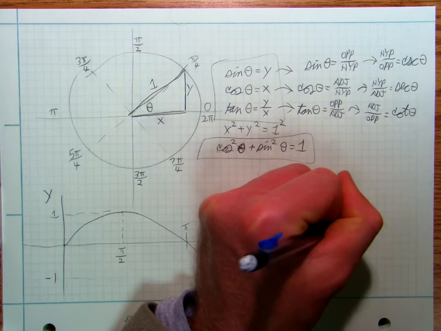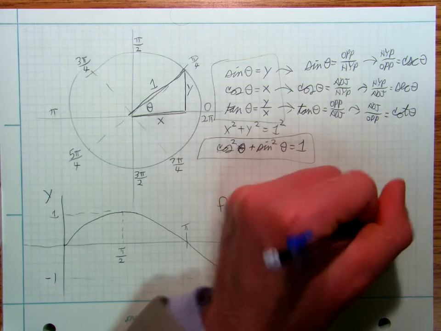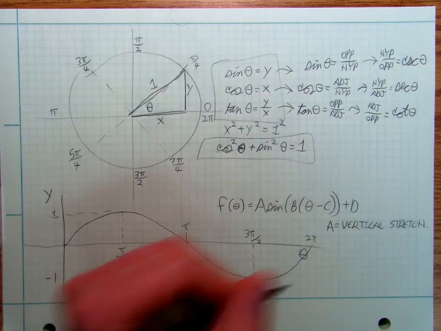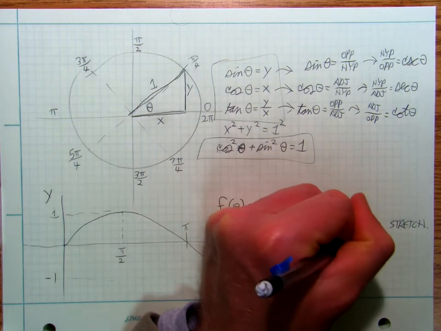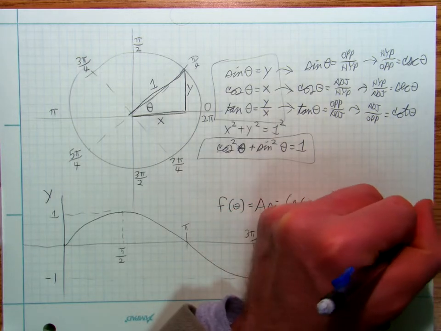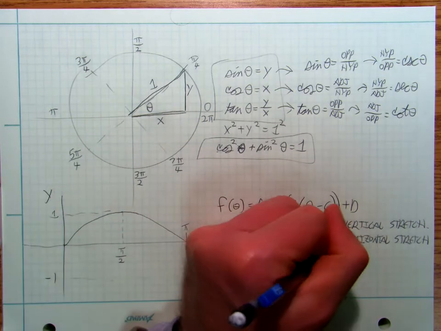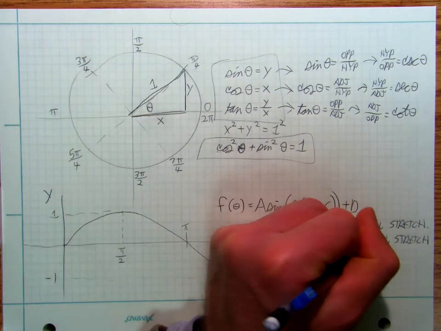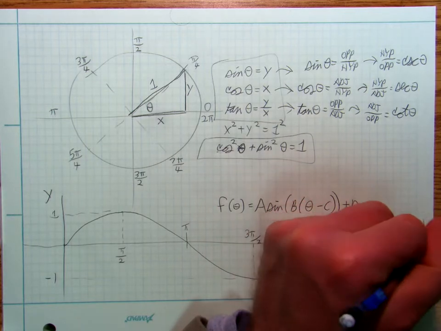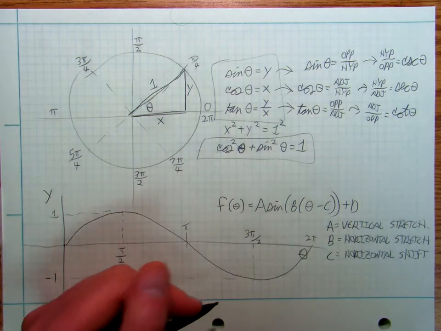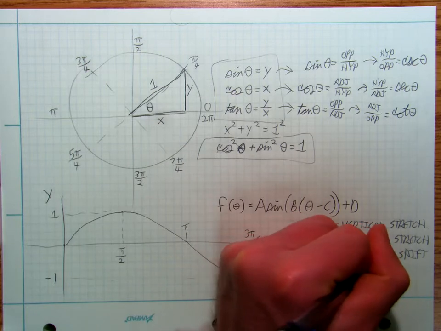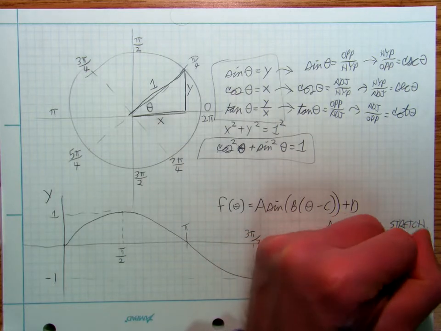A is the vertical stretch, B is the horizontal stretch, C is the horizontal shift, and D is the vertical shift.